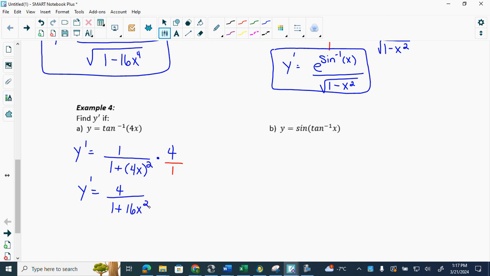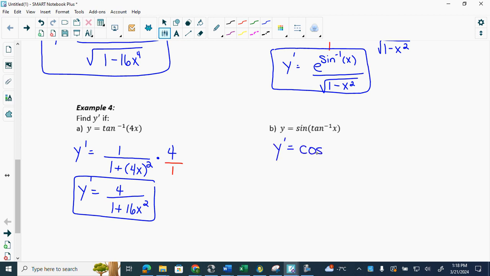Now, this question was a straight up inverse question first, right? We had an inverse question, then we had a straight up numerical base variable exponent question, which had an inverse in it. What is B? Is it a straight up inverse question? No, it's a chain. It's a trig with a chain that would chain out an inverse. So, what's the derivative of sine? Cos.